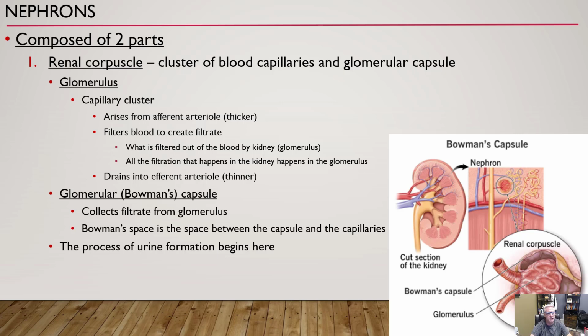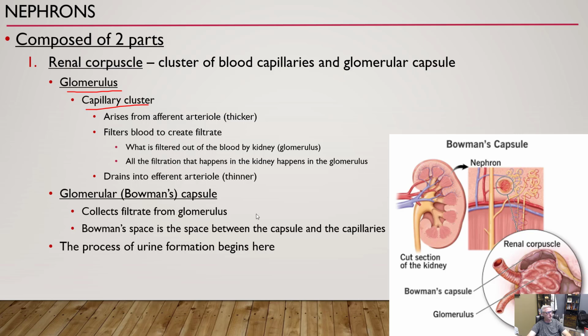All right, so the nephron itself is composed of two parts. We've already talked about the renal corpuscle, which is the cluster of blood capillaries and the glomerular capsule. The glomerulus is that capillary cluster, and it has the afferent arteriole, the glomerular capillaries, and the efferent arteriole.